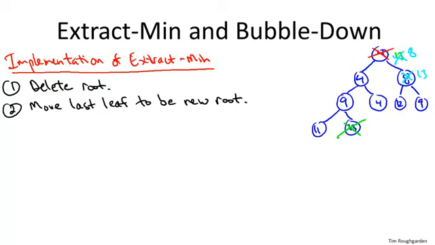And now we observe a phenomenon very much analogous to what we saw in insert when we were bubbling up during insertion. It wasn't necessarily that we fixed violations of the heap property right away, but we would fix one and then introduce another one that was higher up in the tree, and we had confidence that eventually we could just push this violation up to the root of the tree and squash it, just like we're trying to win a game of whack-a-mole.